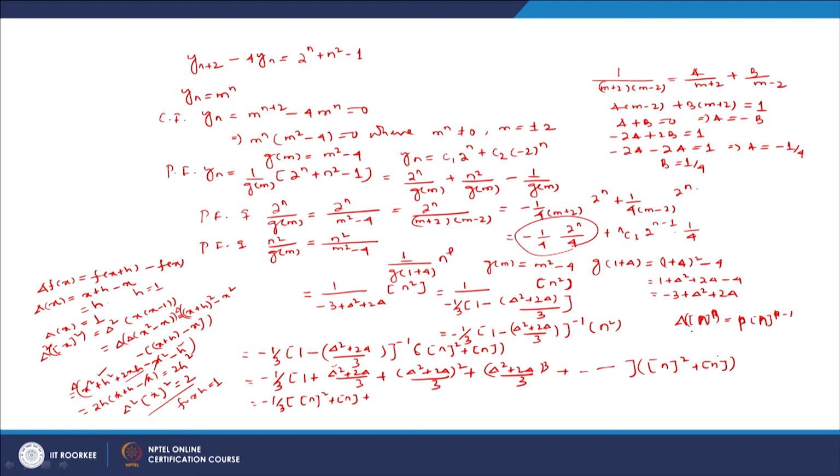So, if you see delta of n to the power p, directly we can visualize that delta square operated on n square gives you 2 n for the first operator, then the second operator gives you only 2.